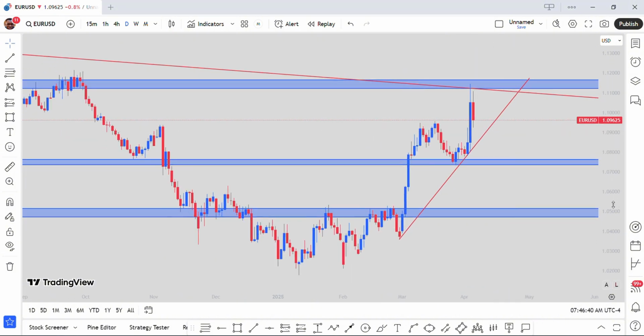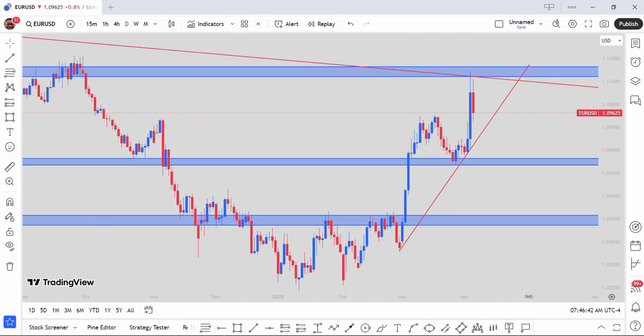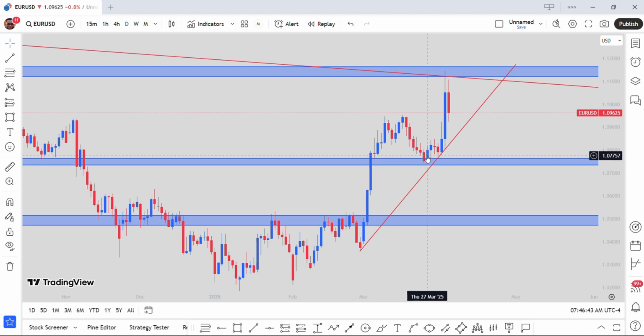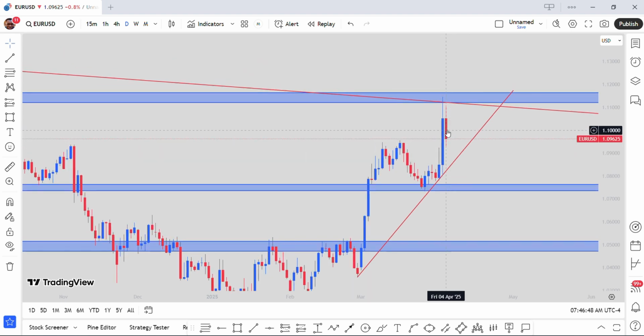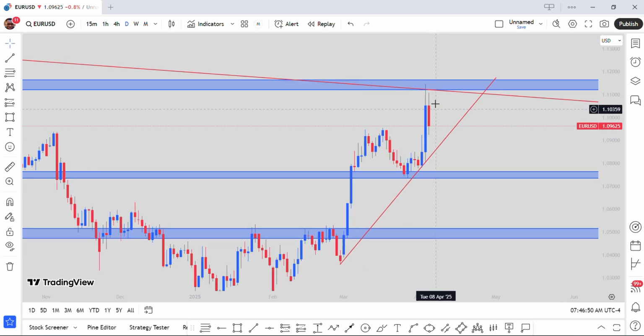For me to get into this trade, I will need to see a clear break of this counter trend line. Before I could get into this trade, first of all, I will need to see price get rejected from this level. I'm not going to be using these wicks to enter this trade. I'm going to be expecting price to get into this region and bounce off this level.